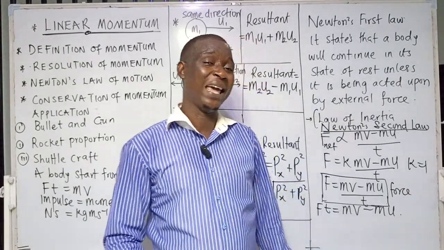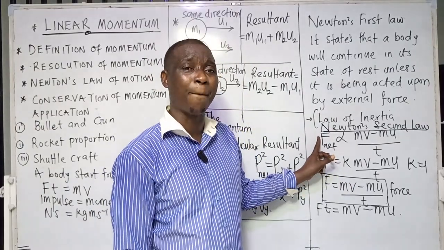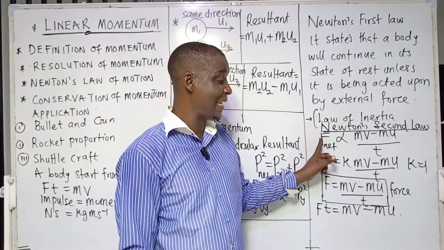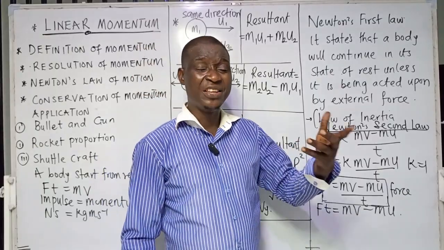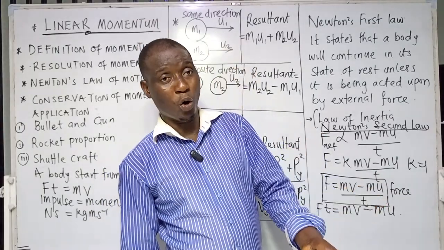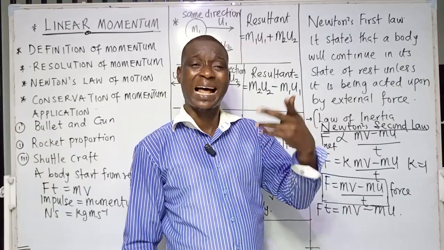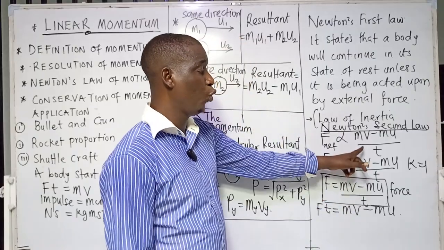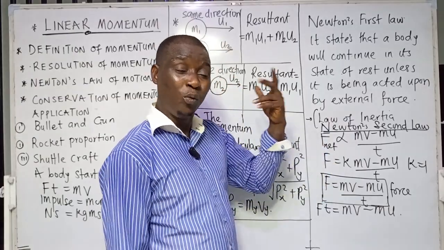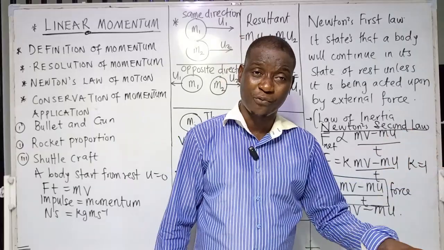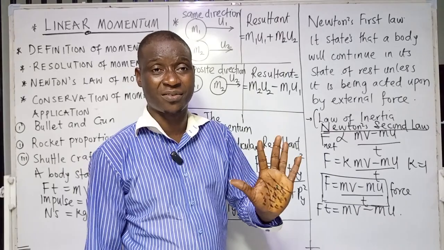So this little girl can prefer the feather because the feather applies a lesser force and more time. So that means that the force applied on the little girl is lesser and has more time. Because we know that more time and lesser force will give us the same thing as more force and short time for a particular body with the same mass.